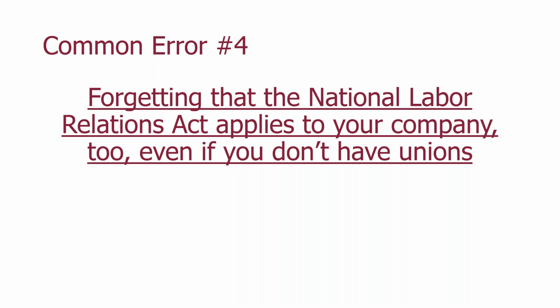The pendulum is swinging back in the favor of companies, but Section 7 rights, for those that are not familiar, are rights that protect an employee's ability to participate in what's called concerted activity. Meaning that they're working with or communicating with other employees to help improve the terms and conditions of their work. So that's Section 7 rights.